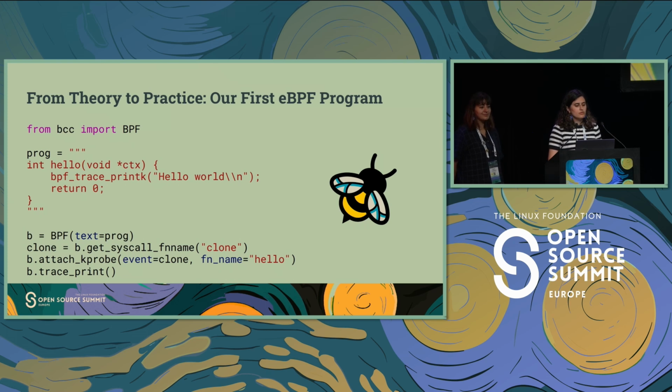The next thing we need to do is hook it to some events. Here, we hook the function that we wrote to the clone system call. The clone system call is a system call that creates child processes. So we hook this function to the clone system call. Whenever this system call gets triggered, our function will run. And then we print the result.